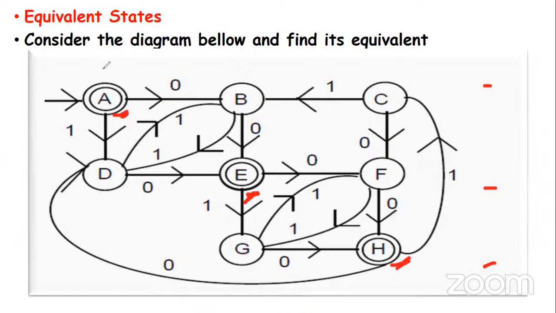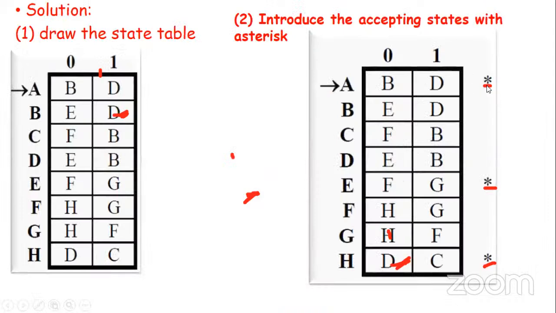So they should have the value of what? 1, 1, 1. But on the initial table, what do we put on them? We put an asterisk, asterisk, asterisk, to tell us that these are the accepting states. It's just a place marker telling us that these are accepting states. Do you get it now up to this point?